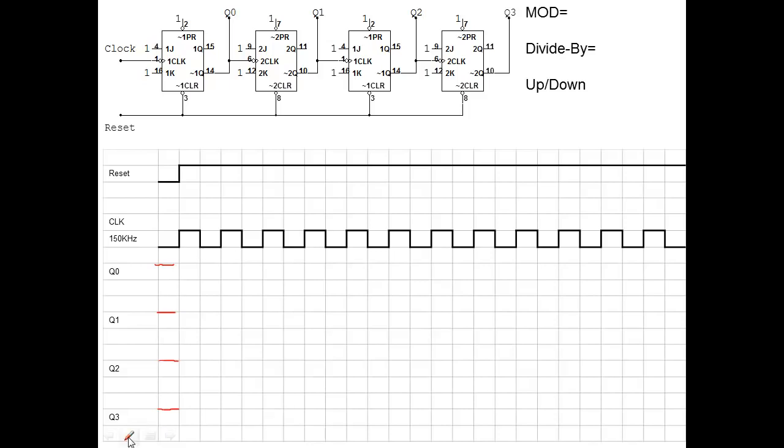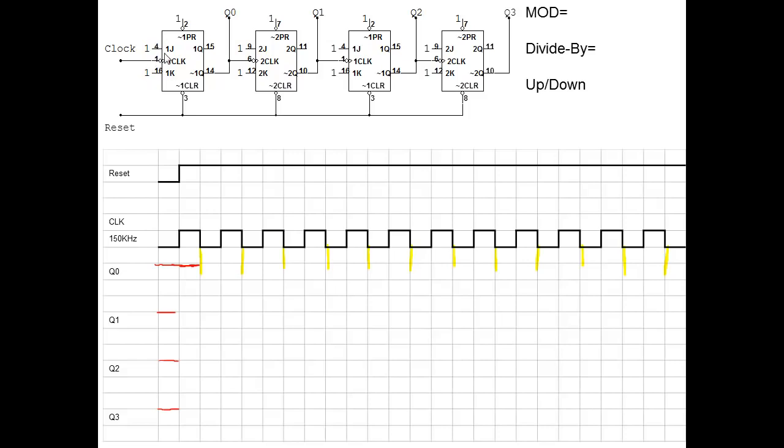Negative edge triggered, so let's do our highlighter again, and I'll only do the top one this time so we won't have to do so much drawing. So it's just the top one, since that's all we really need for these clock pulses anyway. So we're going to go over to that first negative edge, and what's going to happen? Well, ignore the rest of them, just look at this first one.